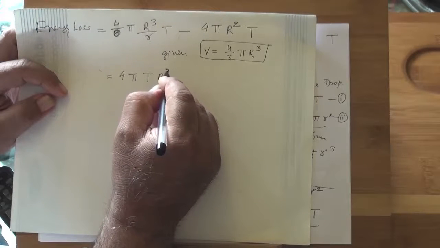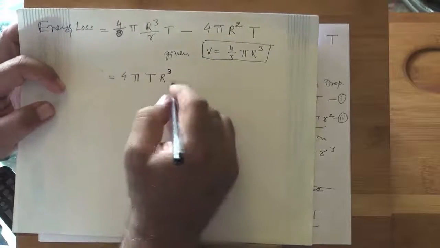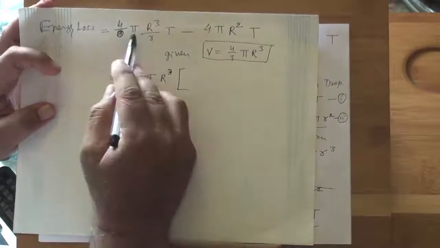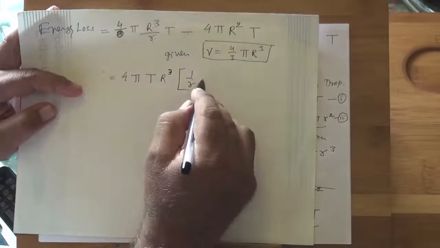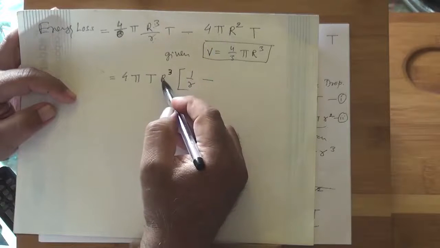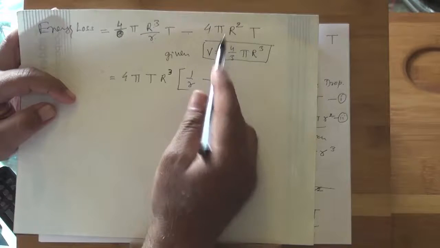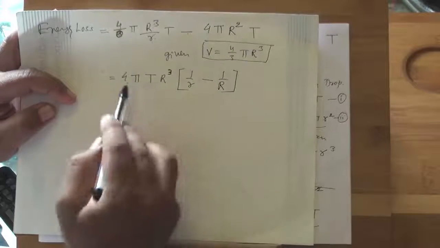For the volume we need 4 upon 3 pi R cube, so we take R cube out. Now what do we have here? 1 upon r minus 1 upon R. 4, pi, r square, r cube are out; if divided by r cube we get 1 upon r. T is already out.